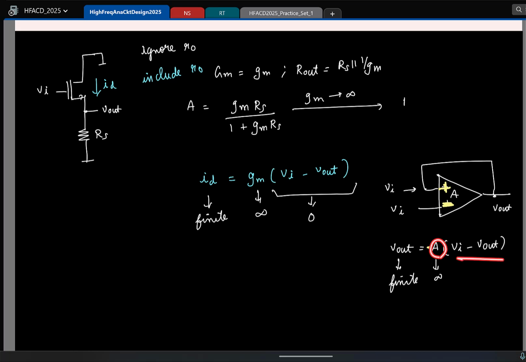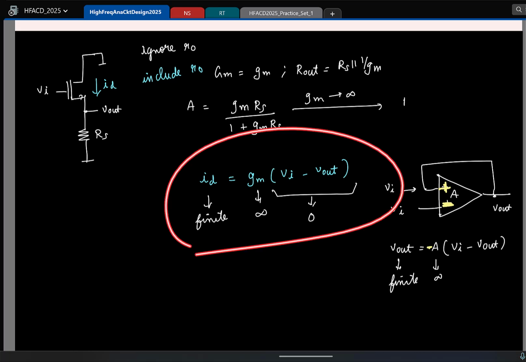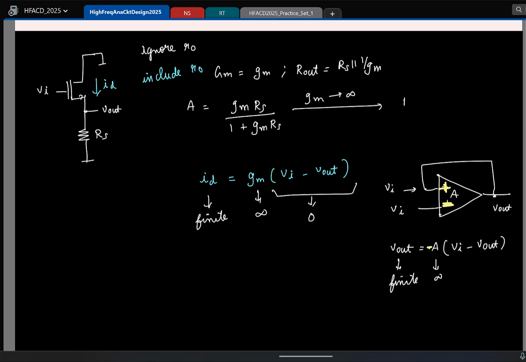It doesn't work that way, because the moment you flip the signs, the op amp is in positive feedback. You cannot guarantee that Vout will be finite. So only if it is in negative feedback, you can say that the output can be finite. And under that condition, you can invoke this idea. Is that clear?